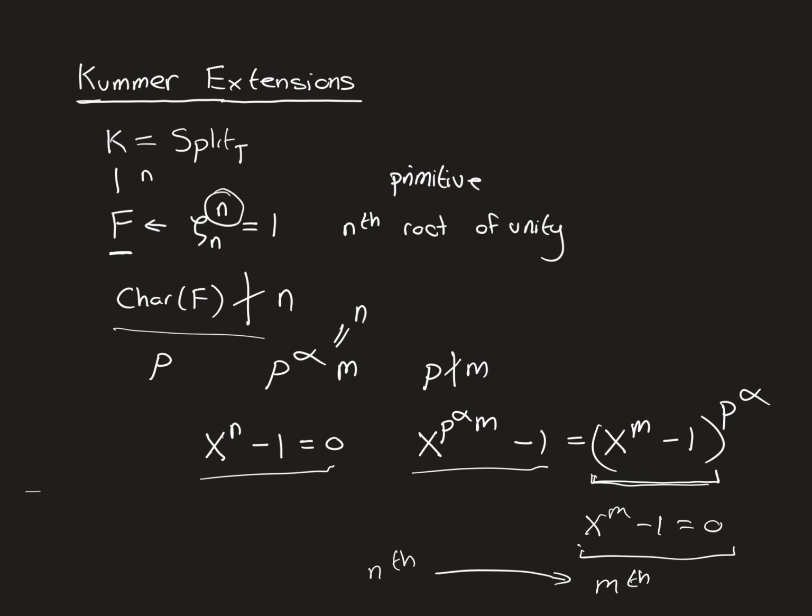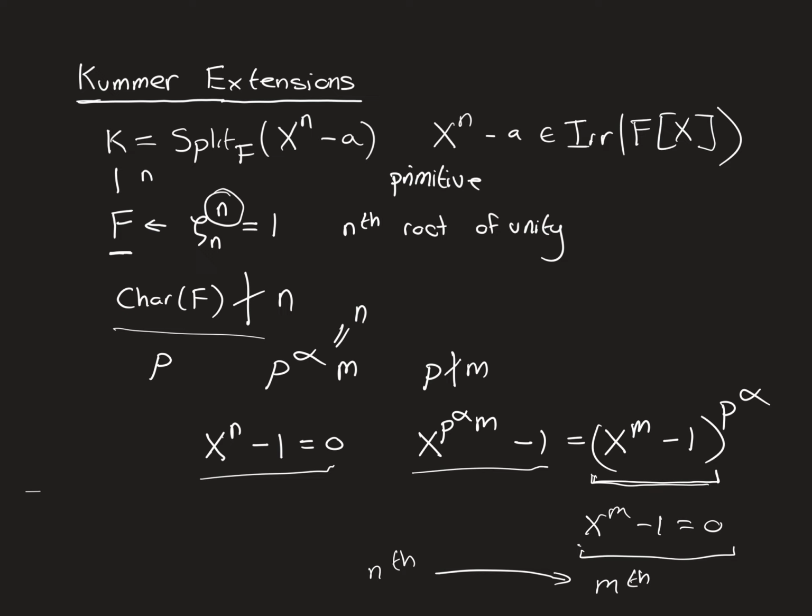It's the splitting field over F of some polynomial of the form x to the n minus a, where x to the n minus a is an element of the irreducible polynomials in the ring of polynomials over the field F.